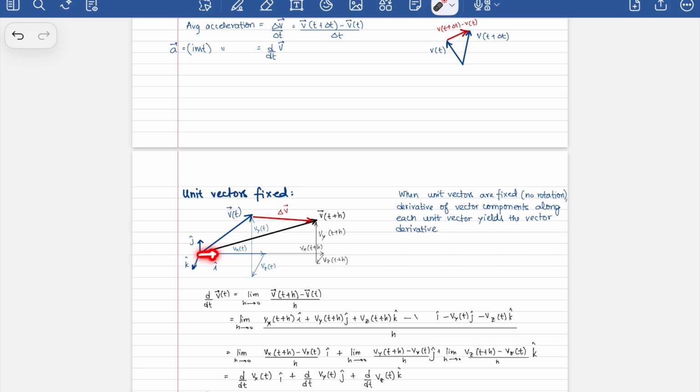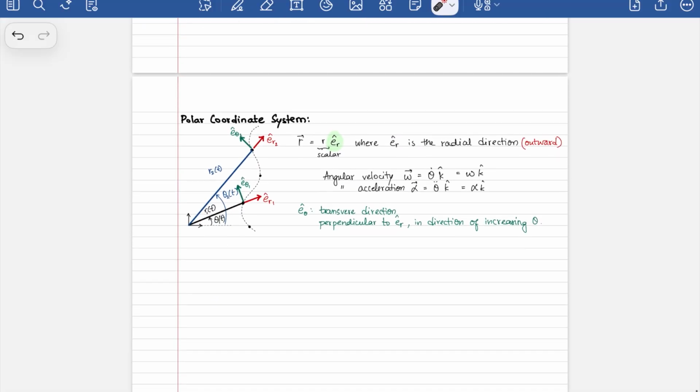In this case, every single instance of time, the position can be defined. So if it was over here, the position is defined along i hat, j hat, and k hat. So it was this, this, and this. And at this position, it was again defined along i hat, j hat, and k hat. It was this one, and this one, right? Now we're changing it to a different coordinate system where the unit vectors are rotating. So we have a magnitude r1 of t along this direction first, and then we have another magnitude r2 of t, which is along this direction now.